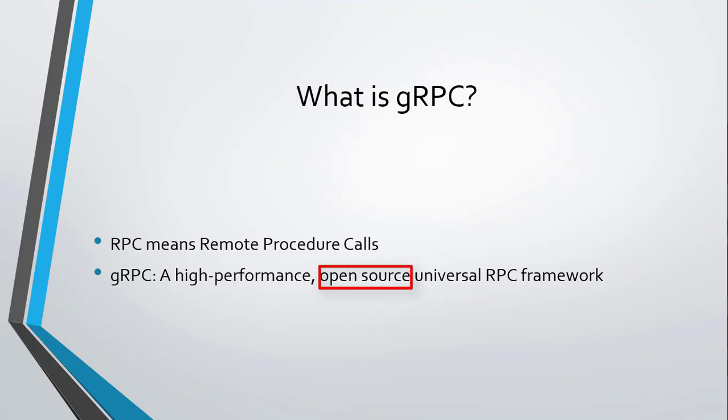Open source means that we can find its source code on sites like GitHub. High performance means that, compared to alternatives, it is quite fast. With this, we should have an idea of what gRPC is. It is an RPC framework that works in different environments and allows us to work efficiently.